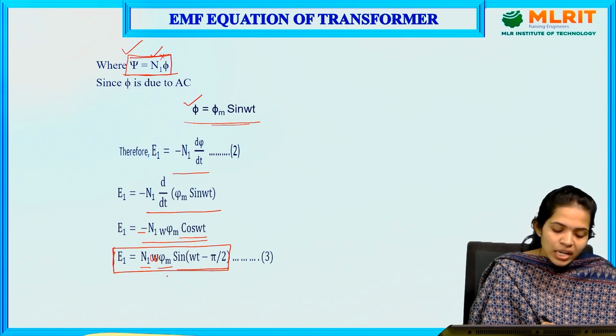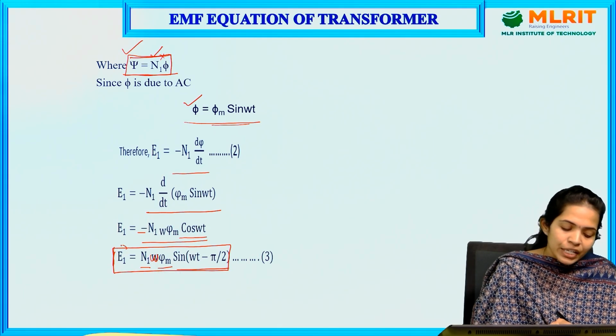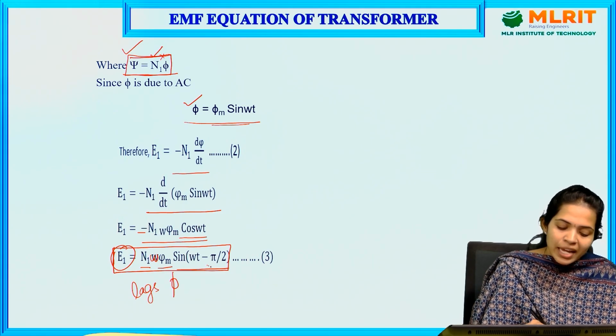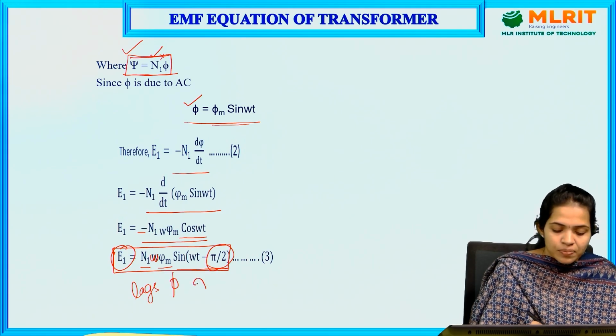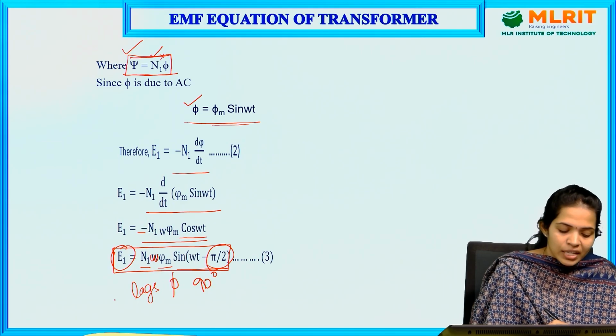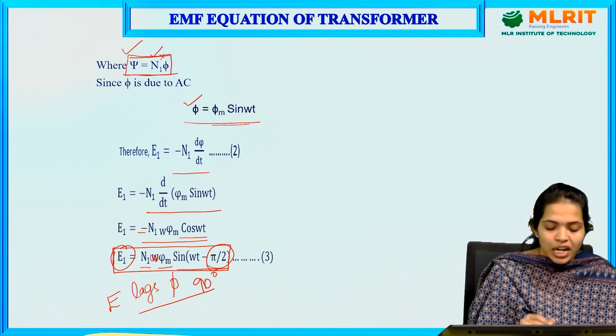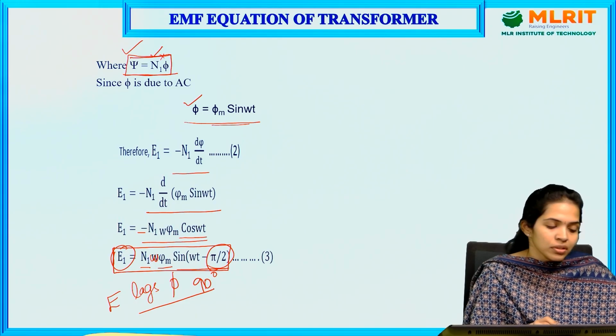So from this relation, we can see that induced EMF E1 is lagging the flux phi by an angle of 90 degrees. So we can say E lags phi by an angle of 90 degrees from equation 3.